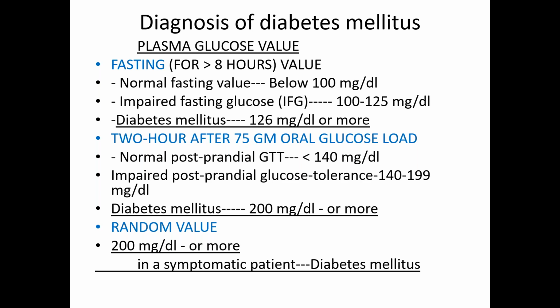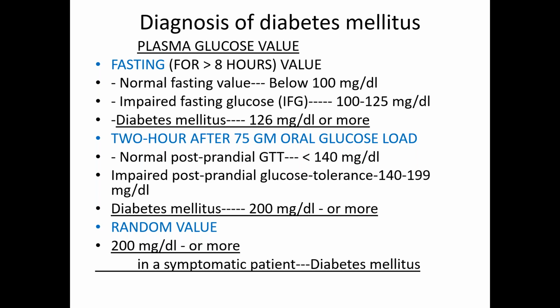In diabetes, the blood glucose is 126 milligrams per deciliter or more. These are the standards given by the American Diabetes Association. This is for fasting blood glucose levels.